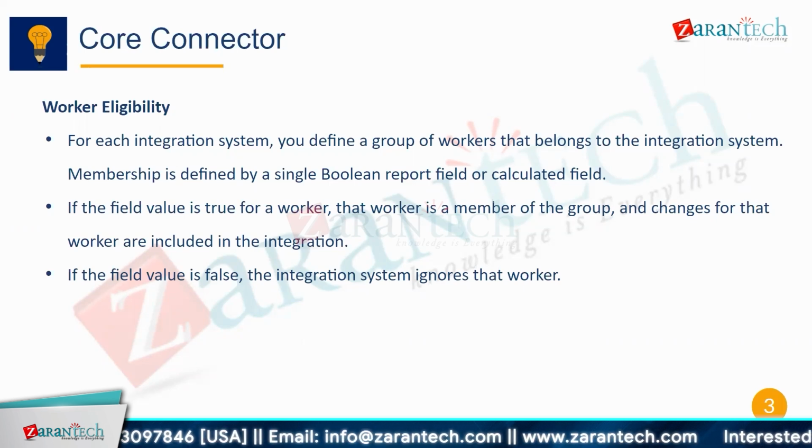Maybe you have a different compensation for United States, maybe different for Canada. If the field value is false, the integration ignores that particular worker from your data extract or from your population.